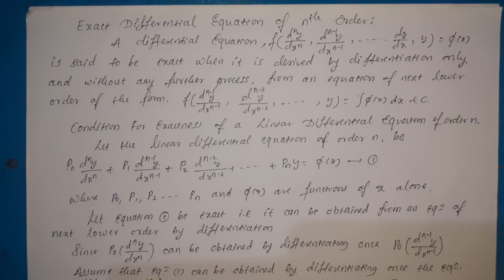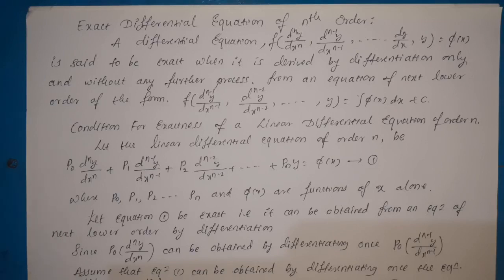In the previous semester we had the definition of the exact differential equation, right? If any equation is derived only by the method of differentiation, then that equation is called an exact differential equation.